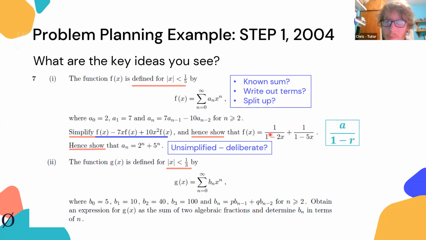And the condition for the series to actually be valid is that mod x is less than a fifth. Not going into too many details. So in particular, because mod x is less than a third here, we might expect to have a 3 floating around in our answer for g of x. Like f of x, part of it involved 1 over 1 minus 5x. So here we might expect a 1 over 1 minus 3x or 1 over 1 plus 3x or something like that.